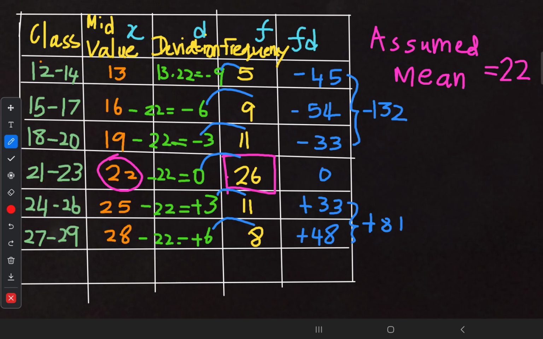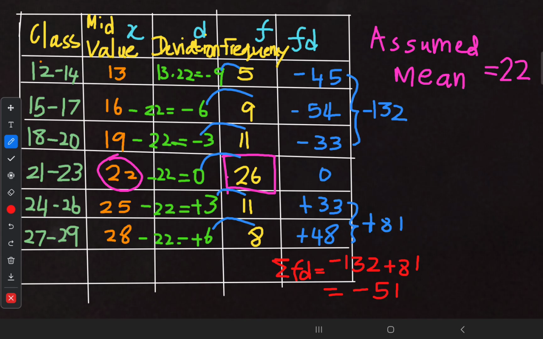Then what do we need to do? We have to find our sigma FD. Negative 132 plus 81 will become negative 51.